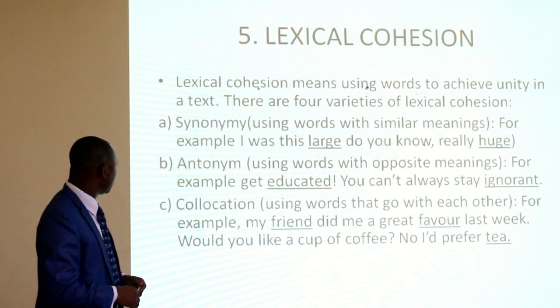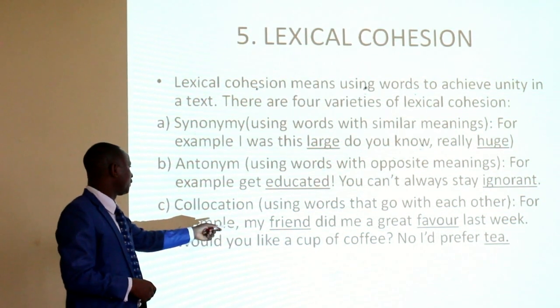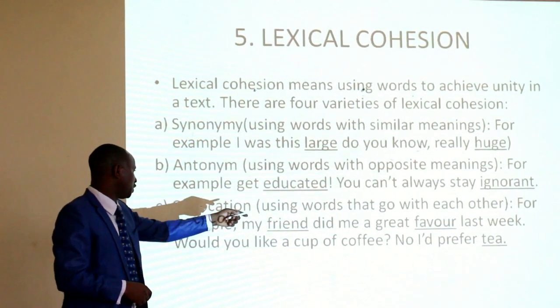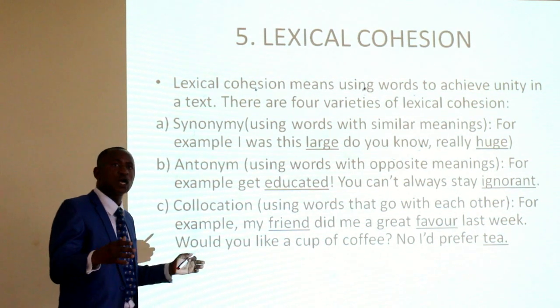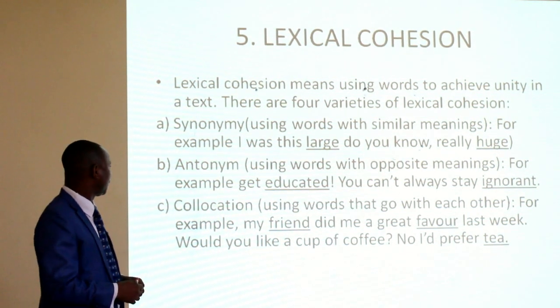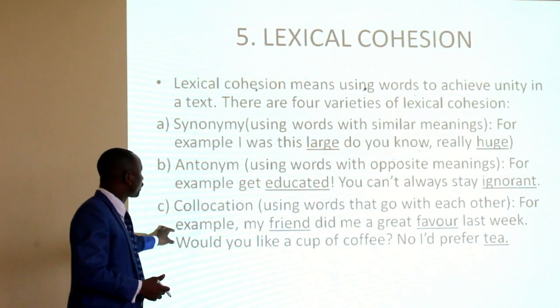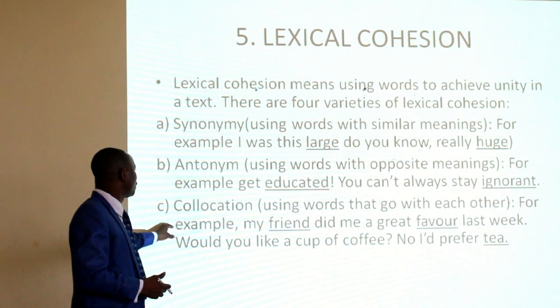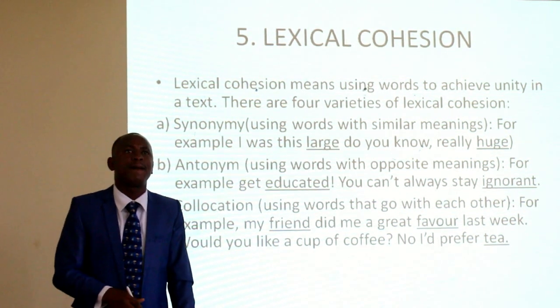Look at the words that are underlined: friend, favor, tea. These three words are collocated. And so, this refers to collocation as an aspect of lexical cohesion in achieving cohesion in a text.